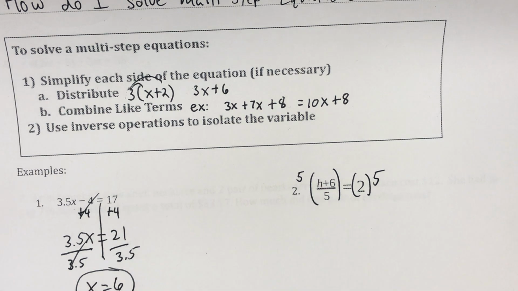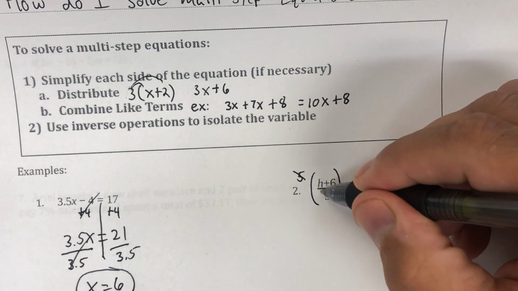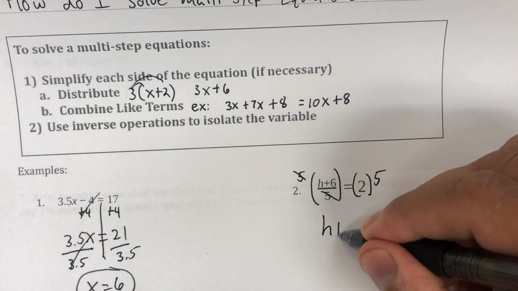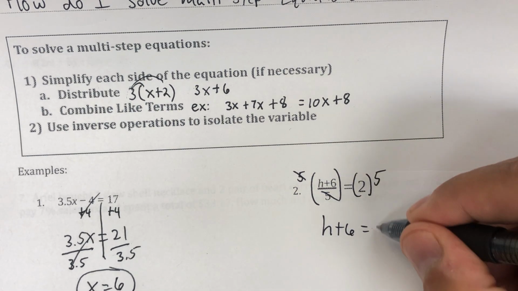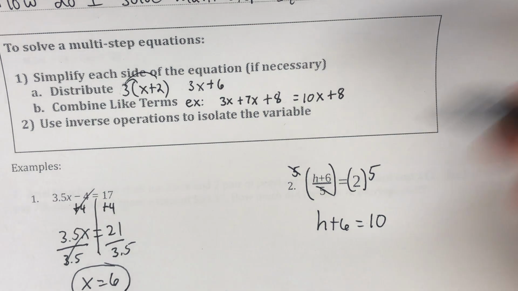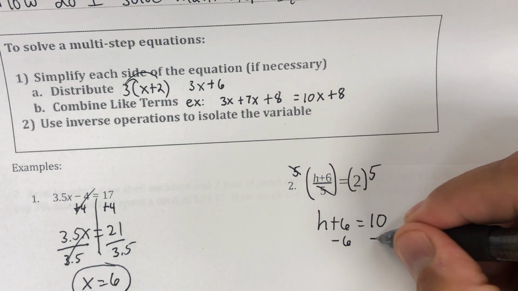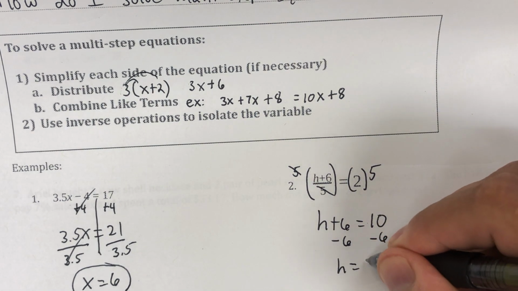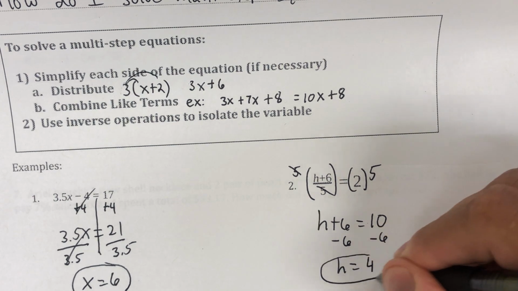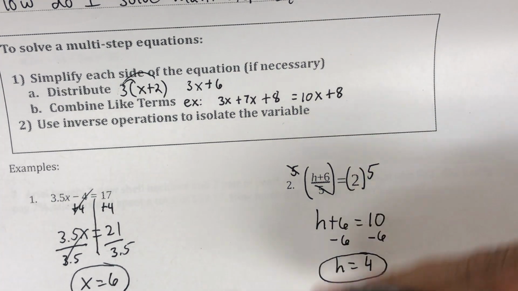I don't want to put an x in there for multiplication. That could get a little bit confusing. The 5's cancel. H plus 6 is equal to 2 times 5. That is 10. Now we're down to a one-stepper. Subtract the 6 from both sides. And H is equal to 4. So make sure you're showing your work in a logical order working down your page.